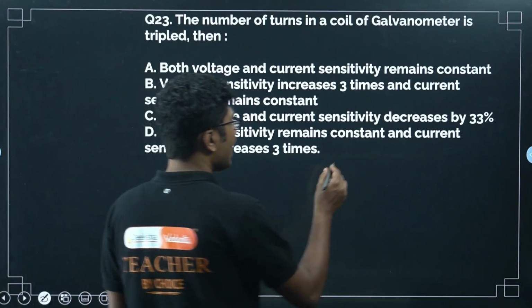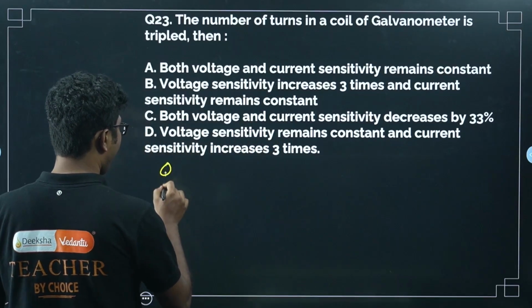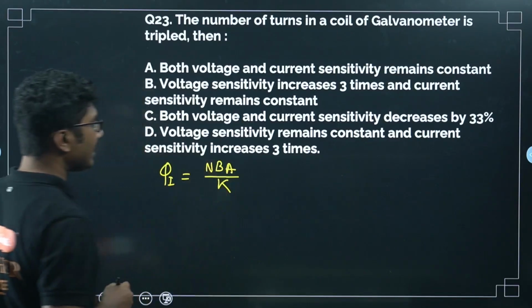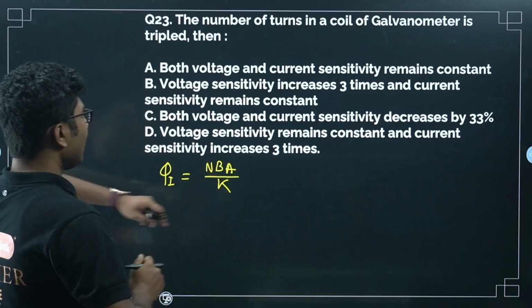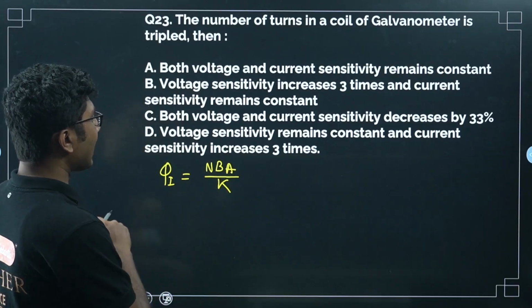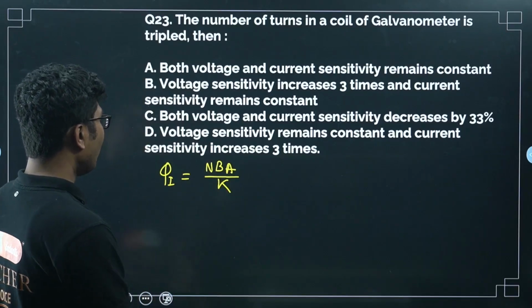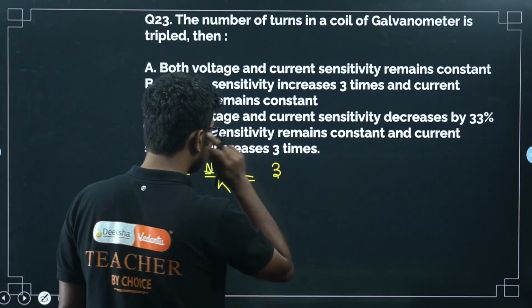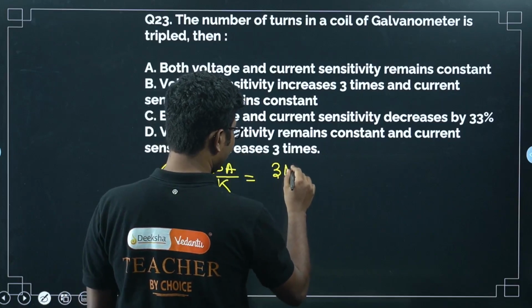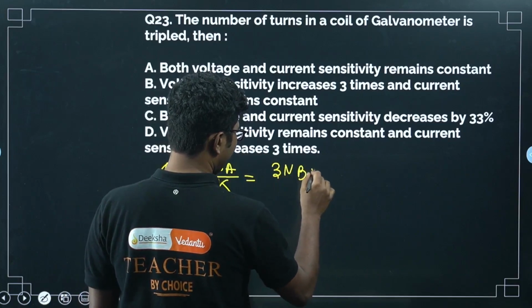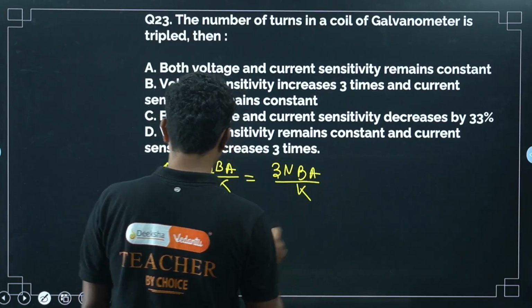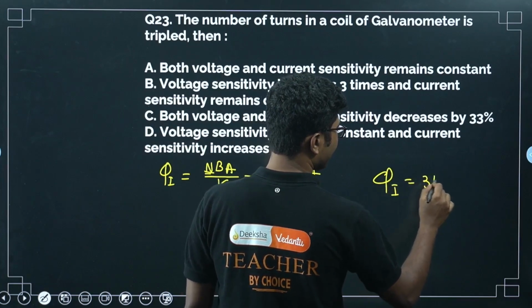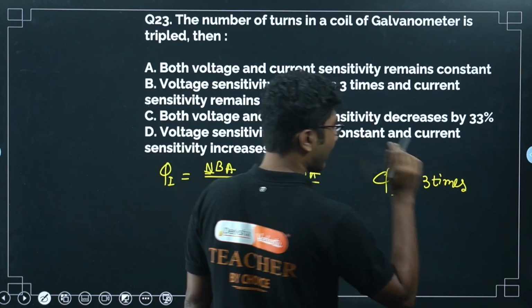So, we know that current sensitivity is NBA by K, right? So, NBA by K is the current sensitivity. Now, if we increase the number of turns to 3 times, then it will become 3NBA by K. So, we can see that current sensitivity becomes 3 times, right?